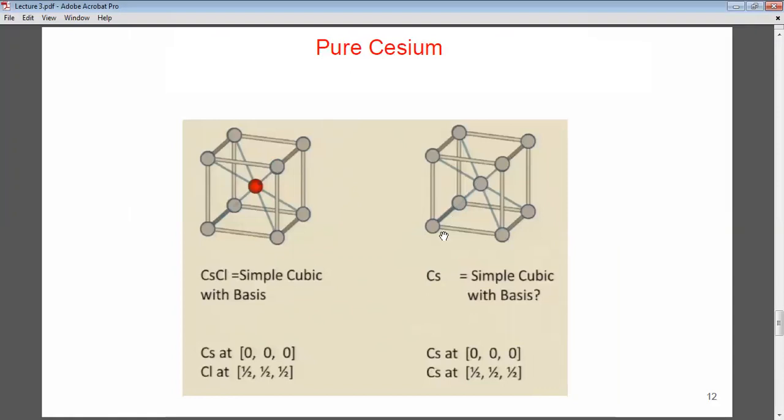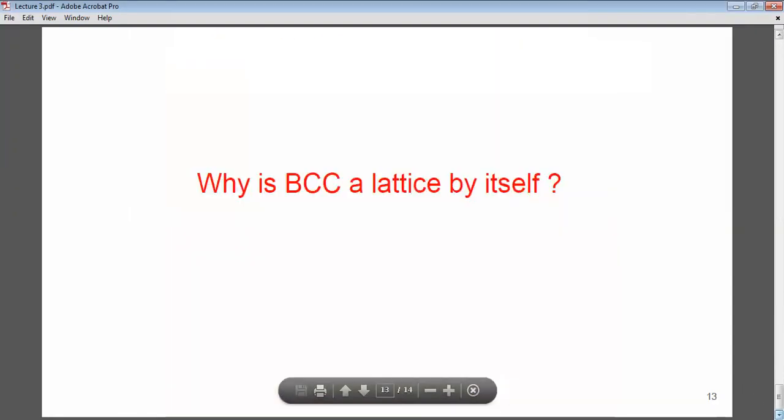But here I didn't prove this. So one thing for you to think about, or you can look into Wikipedia or Google or anywhere: do your research and find why a body-centered cubic structure is a lattice by itself.